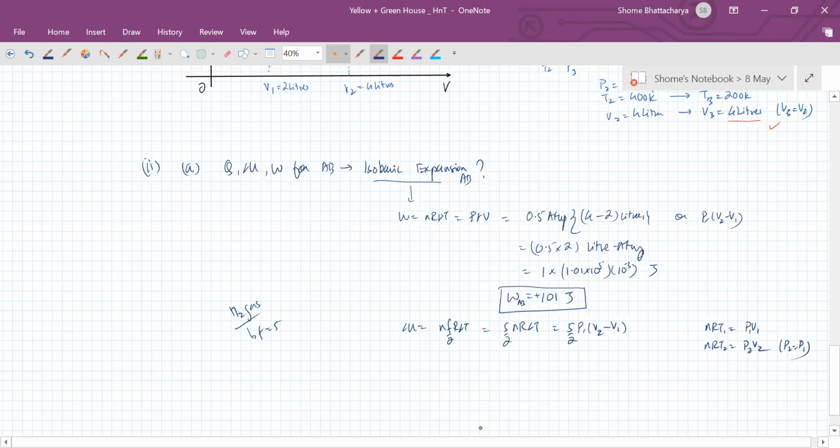Okay, so we have this. So you can write this as 5 by 2 into the same thing, 0.5 into 4 minus 2 liter atmosphere.